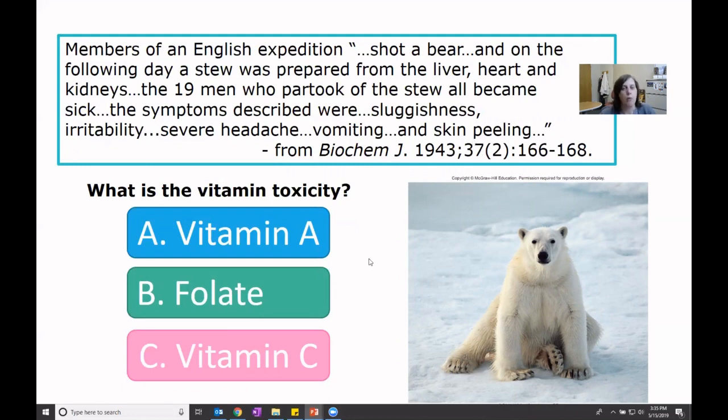So the form you get vitamin A in is really important. If you're getting it from plant sources, no problem if it's high. If you're getting it from sources like liver, then you have to be really careful about how much you're eating, especially if you're getting it from polar bear liver, which I doubt very many of you will, but even beef liver, which is a little more common, still has high amounts. You don't want to consume it very often.